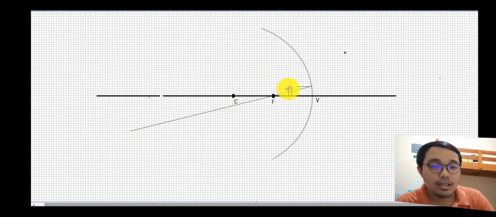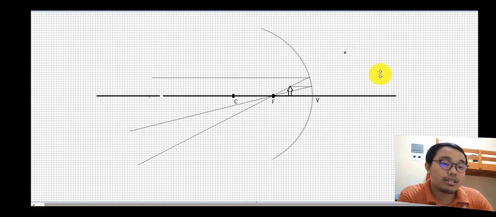Next ray is again the ray coming from the object, passing through F. Let's extend it here for it to hit the mirror. Now when it hits the mirror, it will reflect back parallel to the axis. The problem here is that there is no intersection. Reflected rays did not intersect.